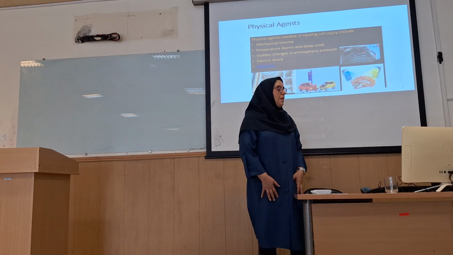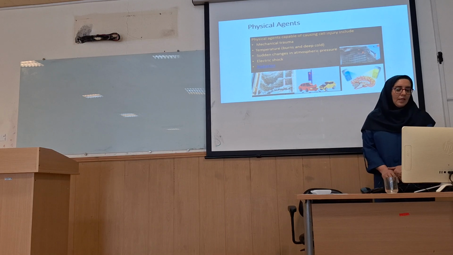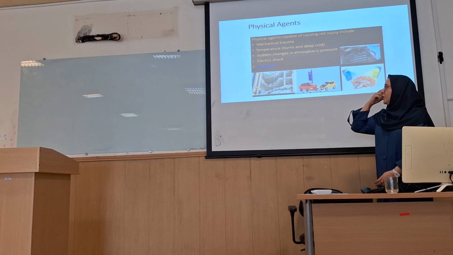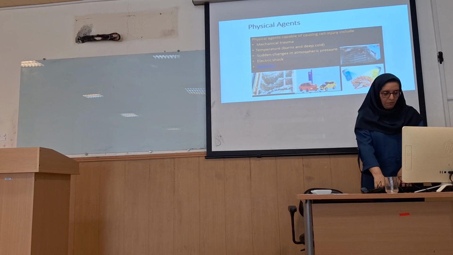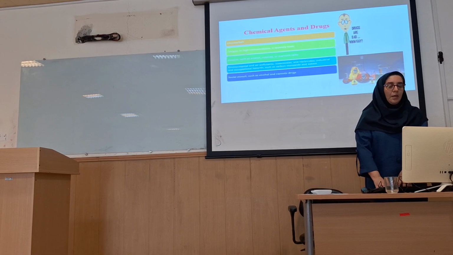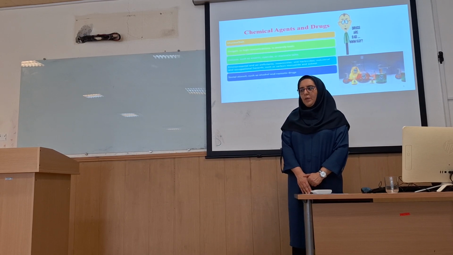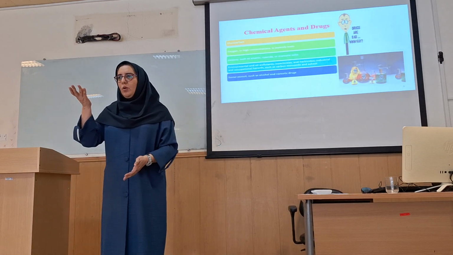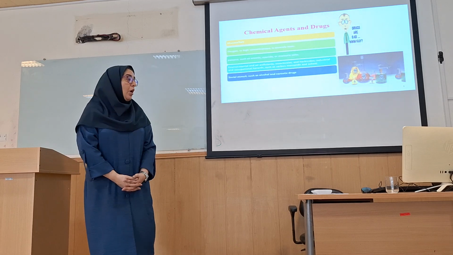Okay, we have many physical agents. For example, mechanical trauma, temperature, burn, and also deep cold, sudden change in atmospheric pressure, electrical shock, and radiation. Chemical agents. Many chemical materials are necessary for us, but for example, glucose at a very high level or very low level, oxygen at a high level or low level are toxic.